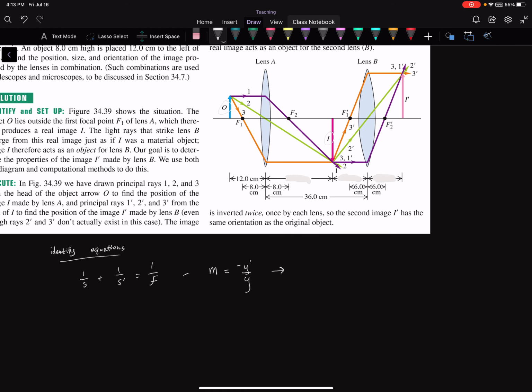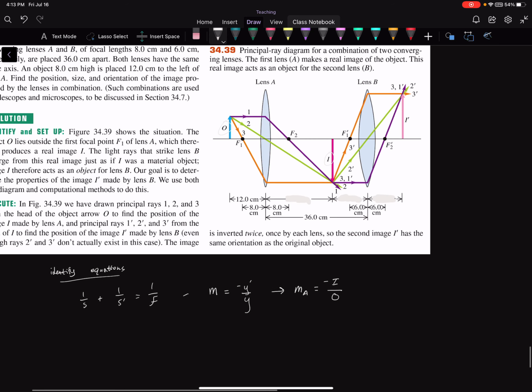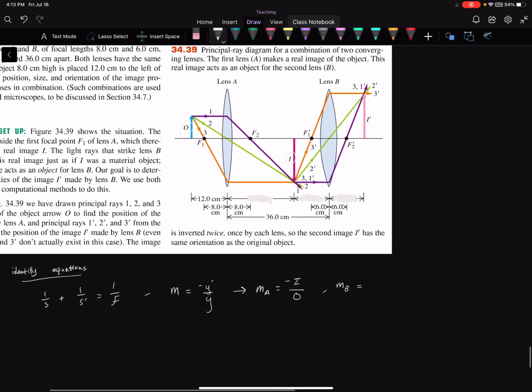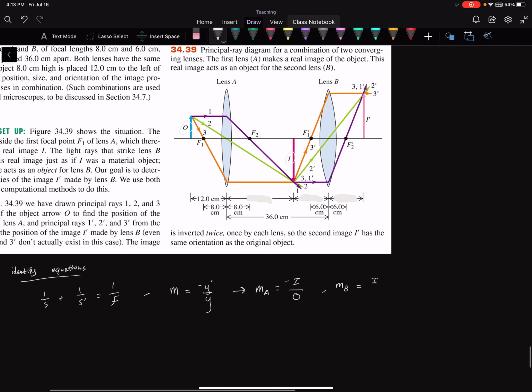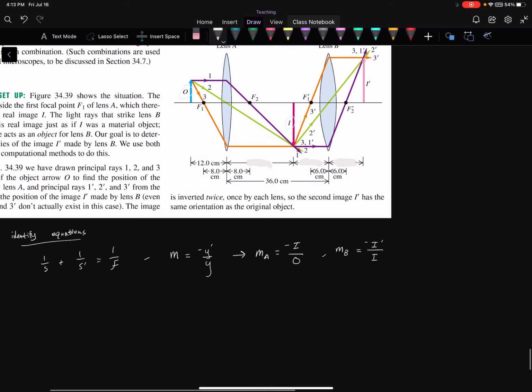All right, let me say this better. So magnification from lens A is equal to negative I over O, right? And magnification of B is equal to negative I prime over I. So there it is.